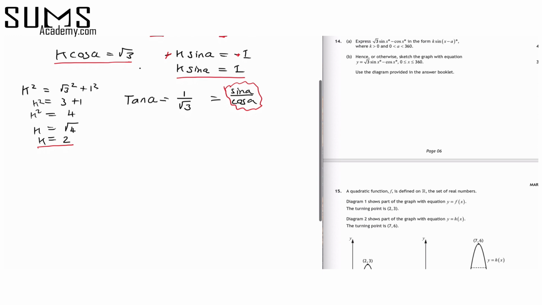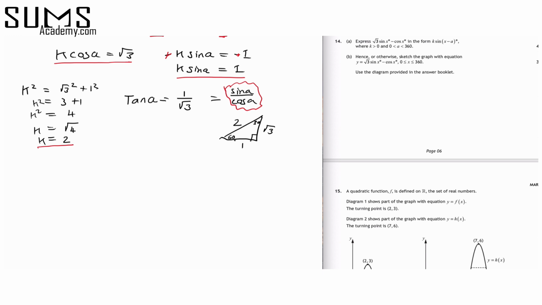You might actually recognize some of these angles from our triangles, so let's have a look. What ones do we have of root 3? We've got 2, root 3, 1, and this is our 60, 30, 90 triangle. So what tan of what value gives you 1 over root 3?